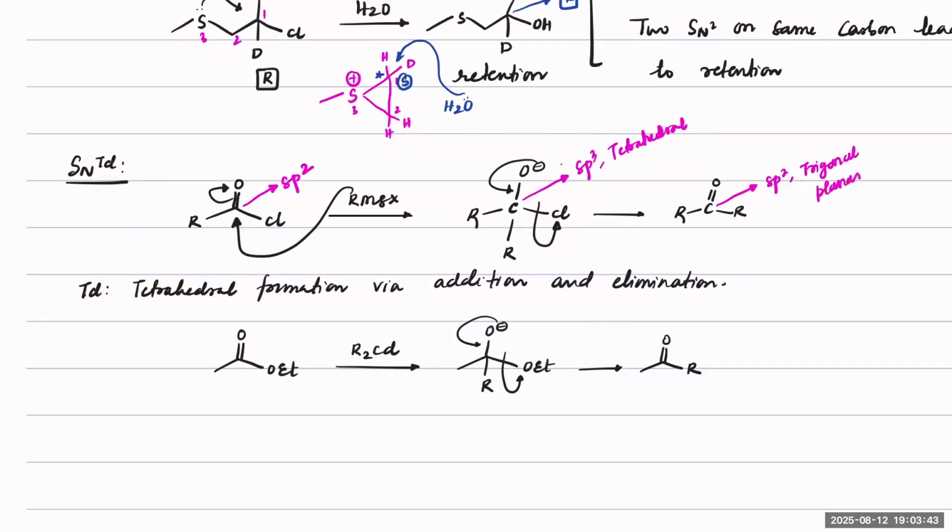Correct? Right. This type of mechanism, where an sp2 carbon is converting into an sp3 tetrahedral intermediate, is called tetrahedral driven. That's why the reaction type is called SNTD. TD means tetrahedral driven. Through SNTD, you will get this final product, which is substitution again. Clear, beta? Done.